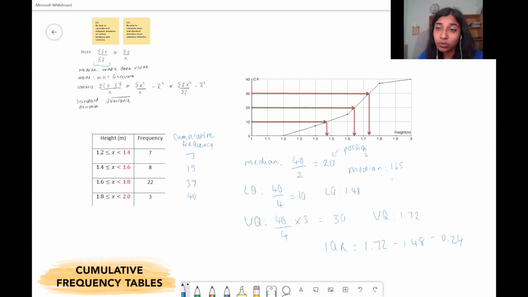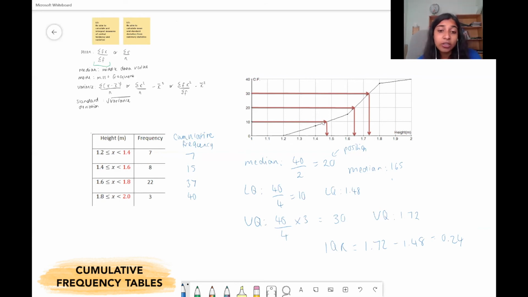To find the median, you want to find the position. So you divide your total frequency by 2 to find your position, and then see where that leads onto your graph. For your lower quartile, your position would be your total frequency divided by 4. So here it was 10, and you find the x value that corresponds to 10. Upper quartile is 3/4 of your total frequency, and you just find the x value that corresponds to that.